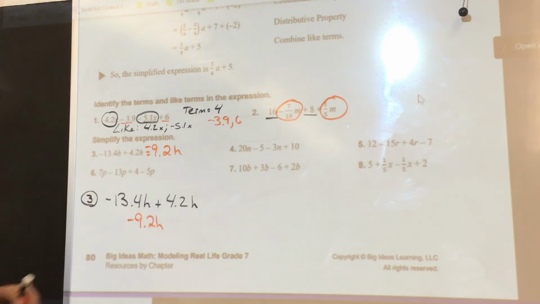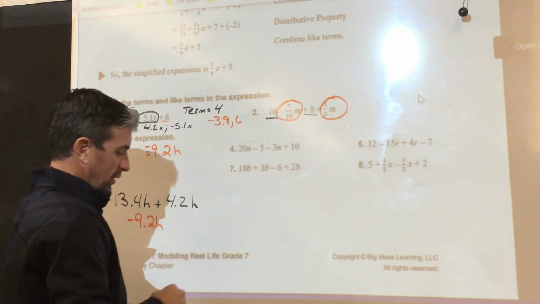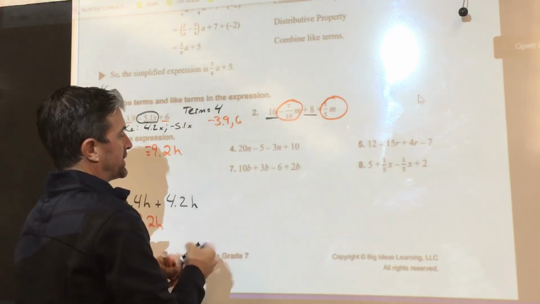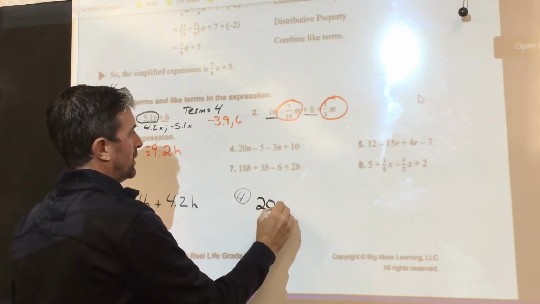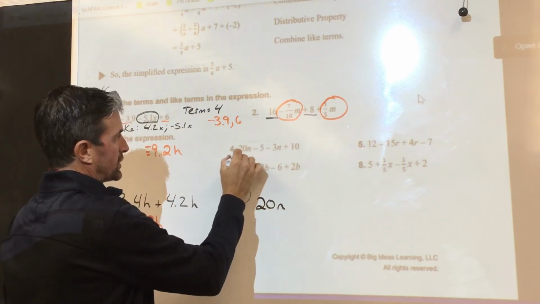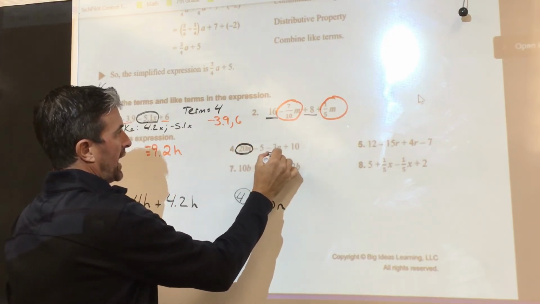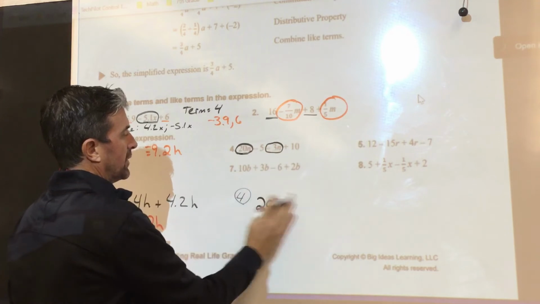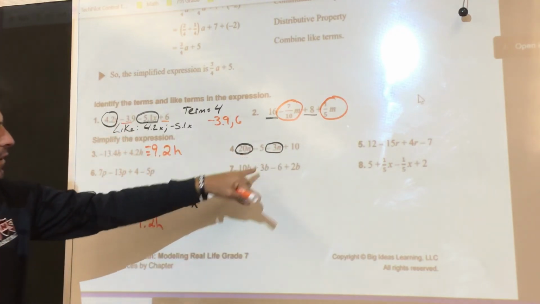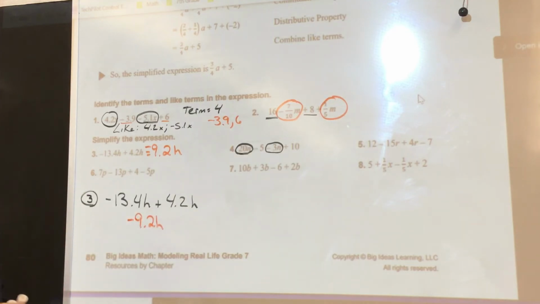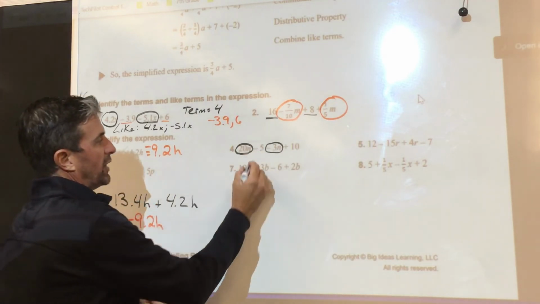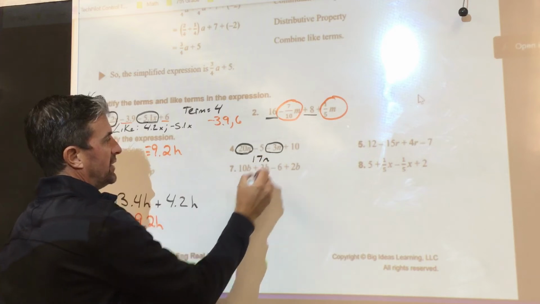That's the way to simplify. Number 4 is a little different. Why is number 4 different? Because it's got a constant in with the variables. So it's 20n minus that. 20n and negative 3n would be positive 17n.